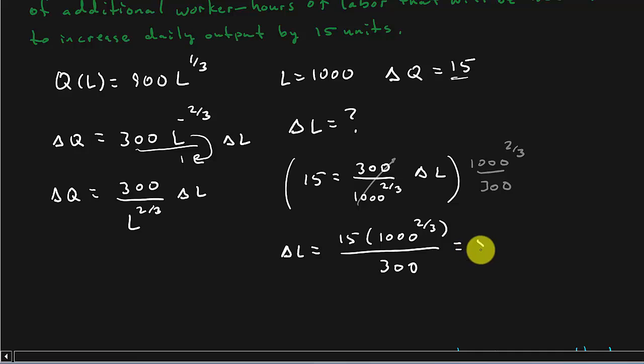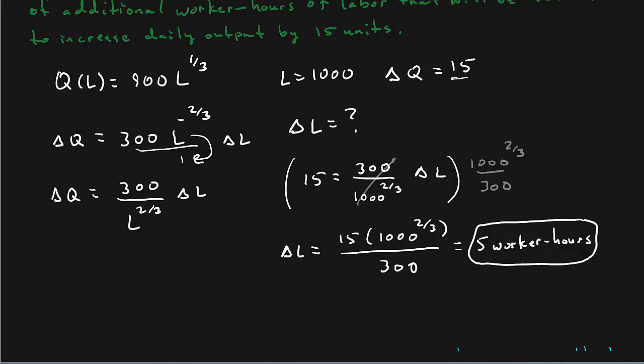And that's going to be 5 worker hours. That's what you would get if you punched all that into your calculator. I'll check to make sure, but I think that's right. Yep, I punched it in again, and it is 5 worker hours.